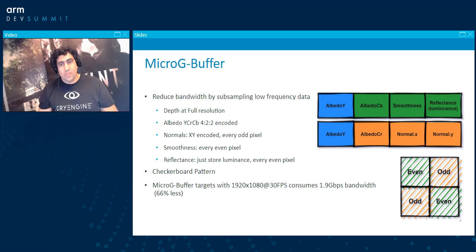We use a checkerboard pattern for storing the micro gbuffer, with even pixels containing albedo luma, albedo blue difference, smoothness, and reflectance as a luminance value. For odd pixels, we store albedo luma, red difference, and the X and Y components of the normal vector. For a full HD game running at 30 FPS, this method consumes 1.9 gigabits per second of memory bandwidth, which is 66% less than the CRYENGINE gbuffer on PC and consoles.